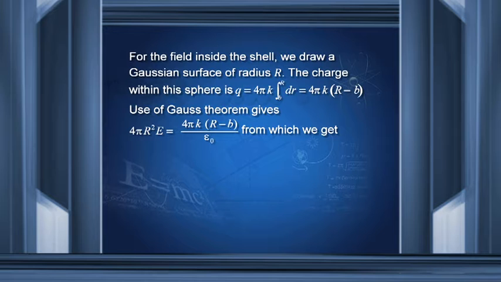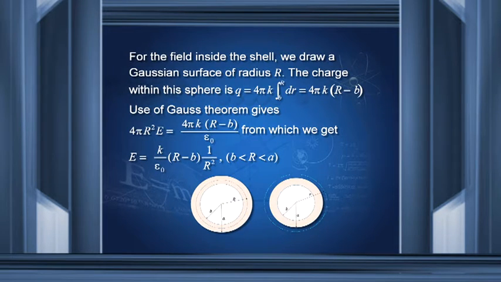Using Gauss theorem, 4 pi r squared times E is equal to this charge divided by epsilon 0, from which we get E equal to k by epsilon 0 into r minus b by 1 by r squared, for a point between b and a, that is inside this thick shell. So, that is the field, and you can see that if you make r equal to a, then we get the same result as we did earlier.